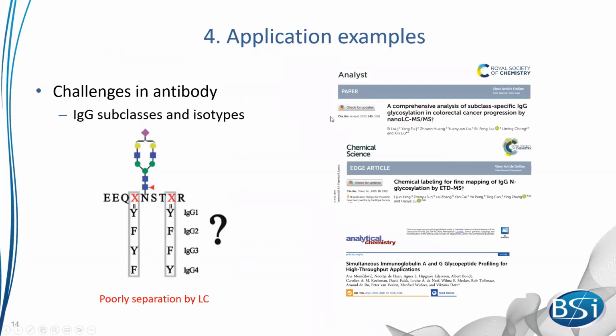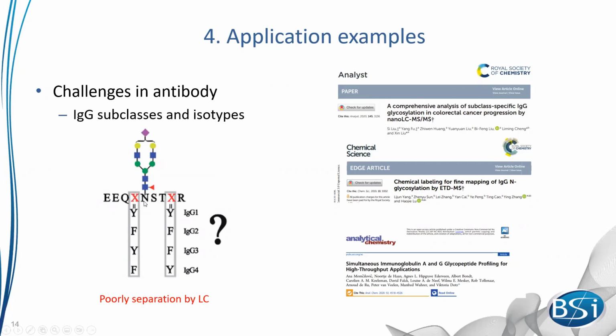All right, so now let's get into some application examples. What we're going to talk about here is the case of just 3 samples where we're looking at IgG subclasses. So there's IgG 1, 2, 3, and 4, and the main sequence difference here actually occurs where the glycan attaches to the protein.